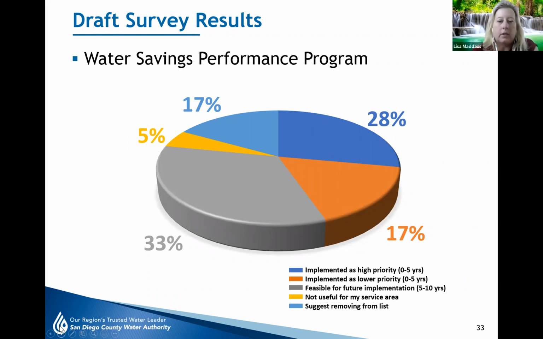In this case, you can see the majority of people are either already implementing it, over a quarter, or they're considering it. And we find that many utilities are running both types of programs, both a menu type rebate incentive program and a custom program. Next slide.